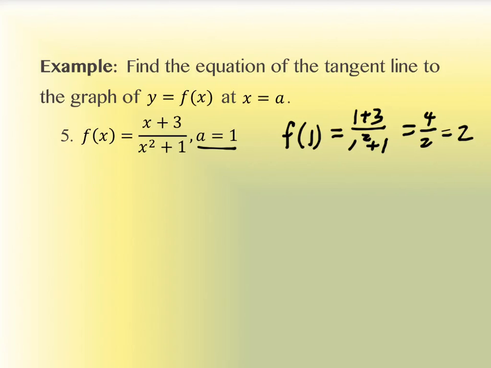No fractions yet. All right, let's see what happens. Okay, so I've got the x value, I've got the y value. I need now to find the slope. How do I find the slope of this particular line that I'm looking for? I use the derivative, and in doing so, I'm going to need to use the quotient rule, right? All right, so quotient rule says I do what?